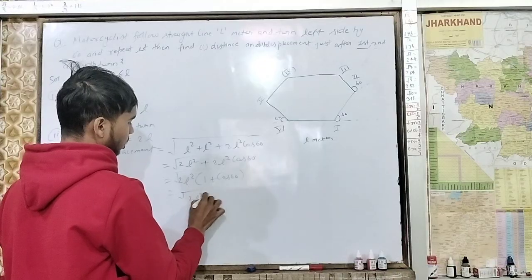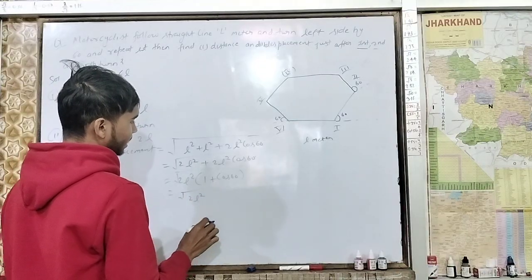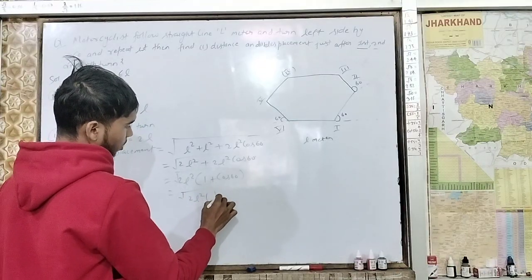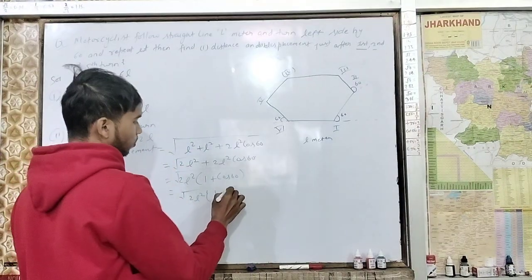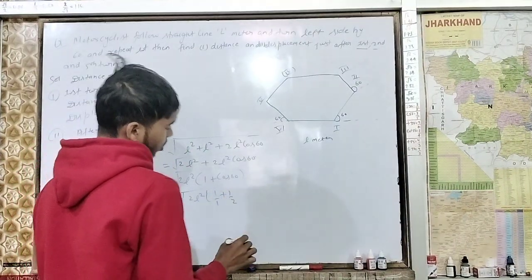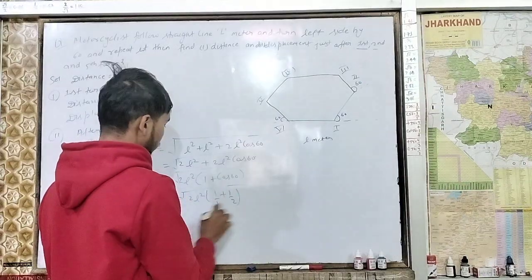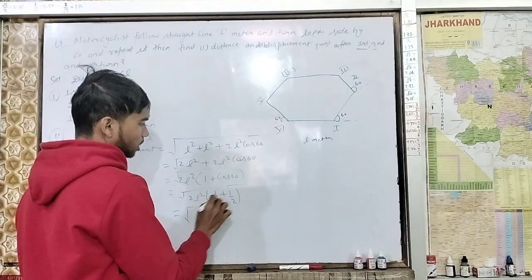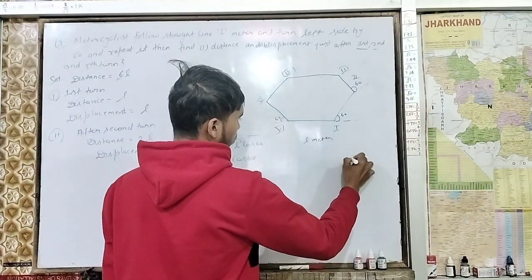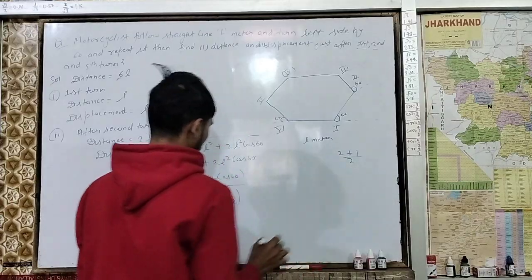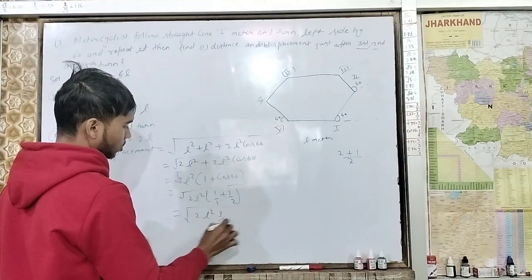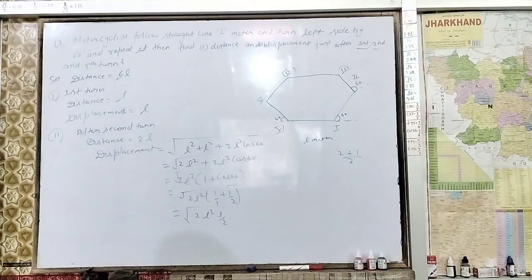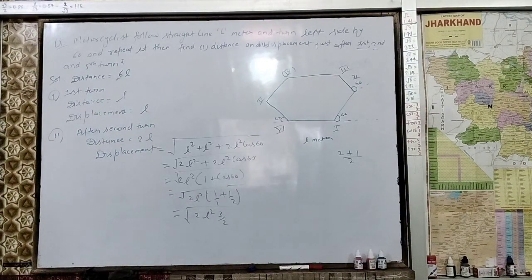So 2L square times 3 upon 2 will be your displacement.